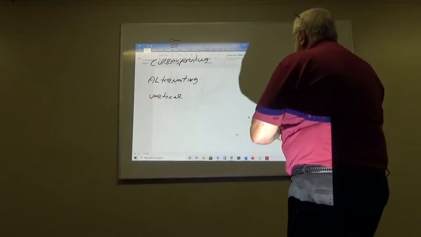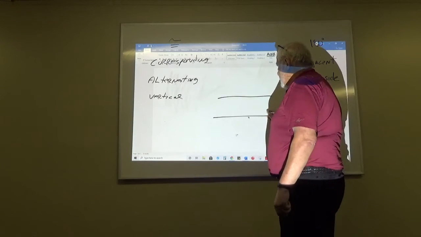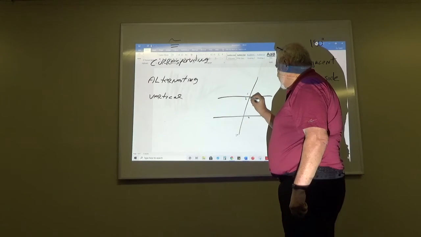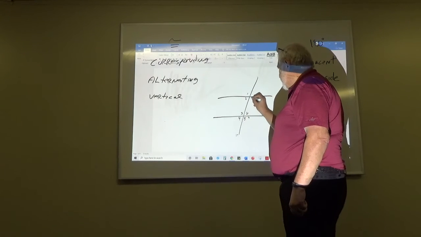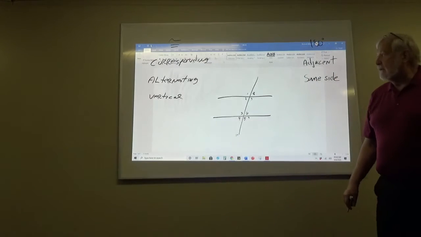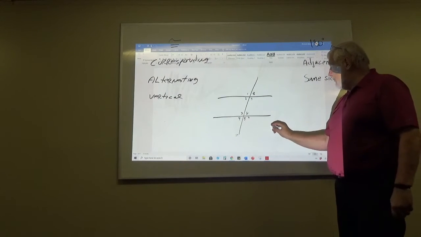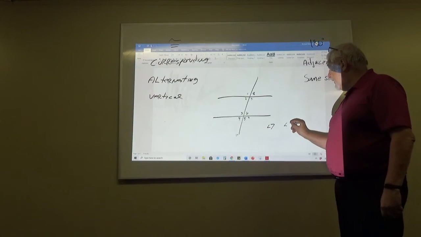Alright, so I'm going to put two parallel lines and cut them with a transversal, and label the angles 1, 2, 3, 4, 5, 6, 7, and 8. Now I want to know the relationship between angle 7 and angle 1.